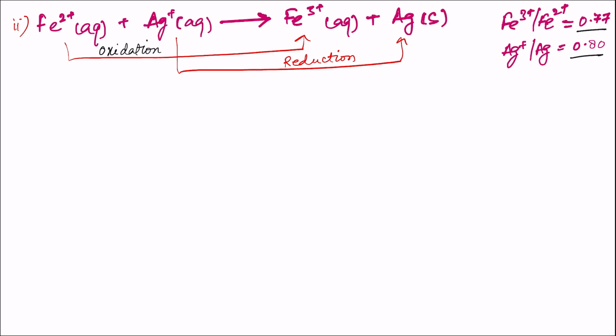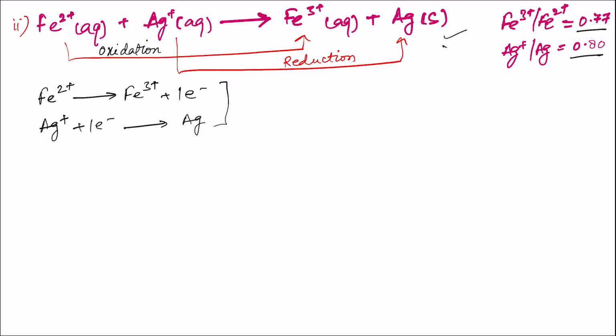Now the number of electrons involved in this redox reaction: when Fe2 plus is changing into Fe3 plus, it is losing 1 electron, and when Ag plus is changing to Ag, it is gaining 1 electron. Adding these two reactions, this redox reaction is obtained. So number of electrons involved in this reaction is 1.